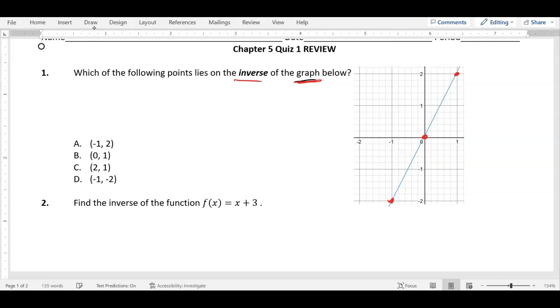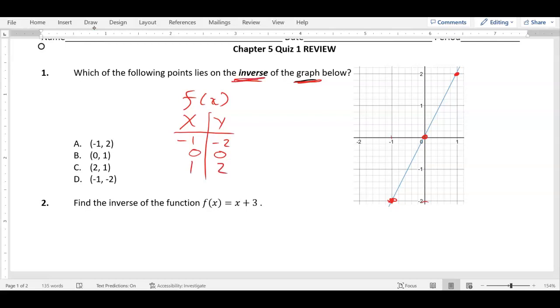Let's go ahead and write these 3 points out. So the original f of x, x, f of x, and y. So this point down here is -1, -2. This point is 0, 0. And this point is 1, 2.